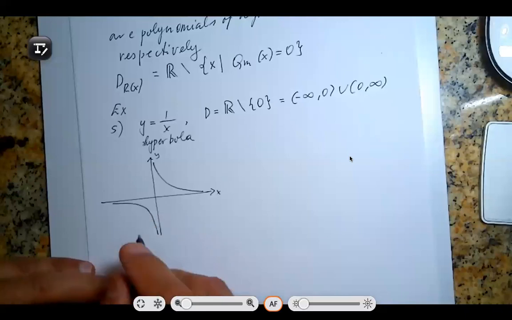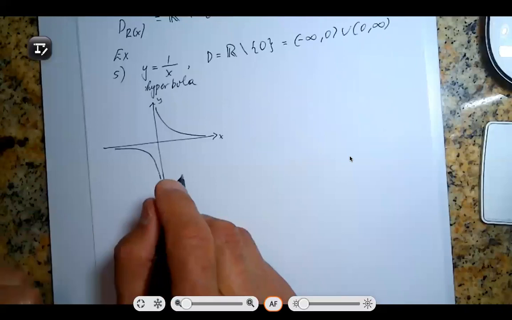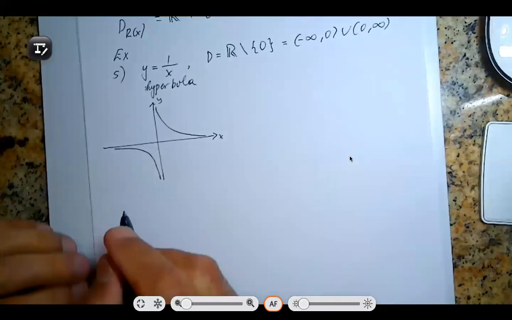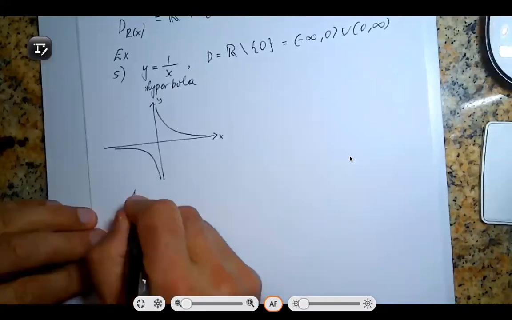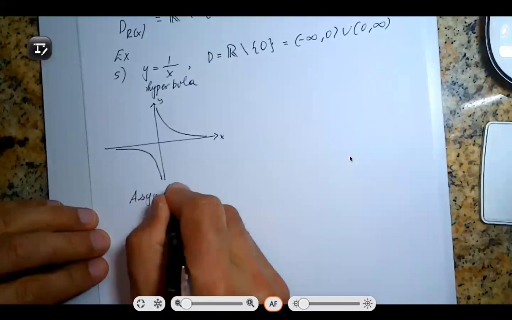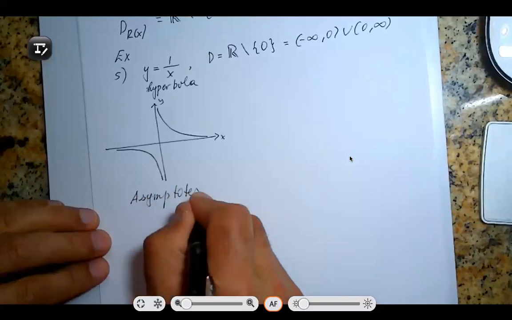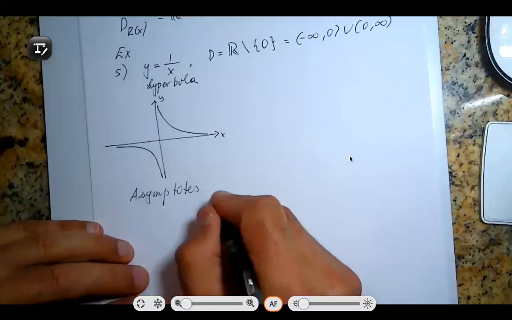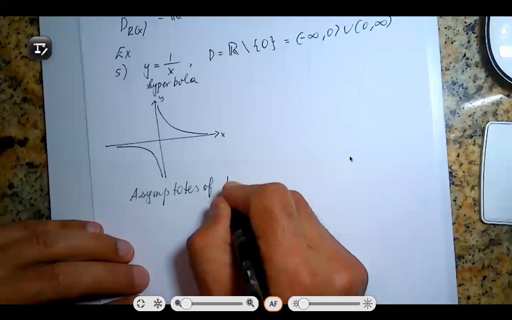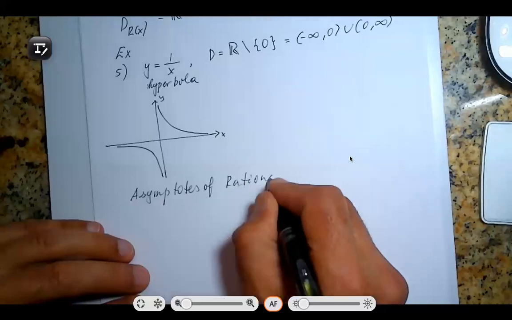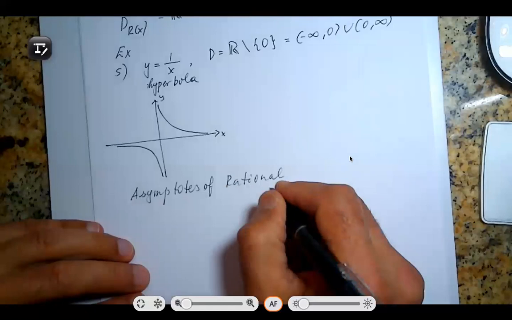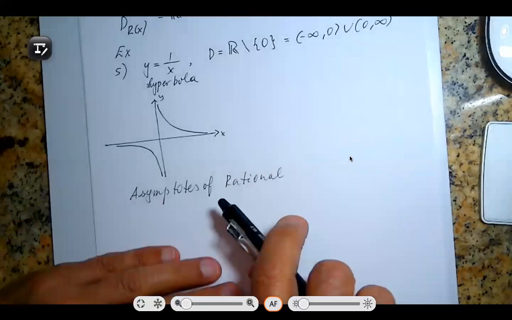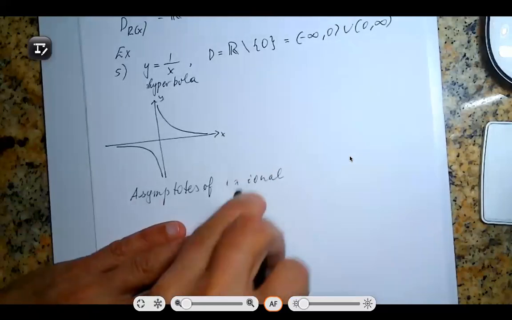So, the asymptotes. What are the asymptotes of a rational function, or of any function?